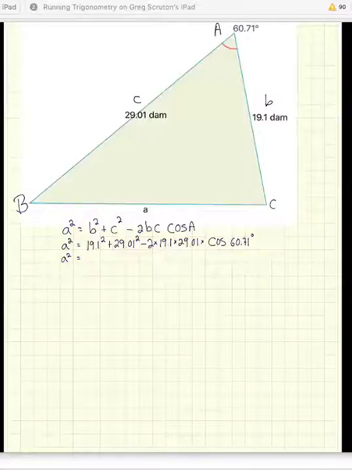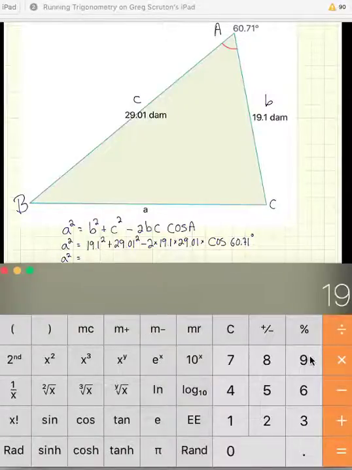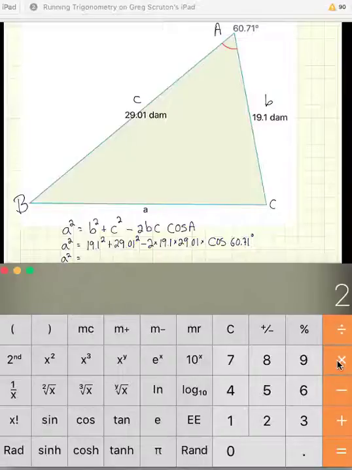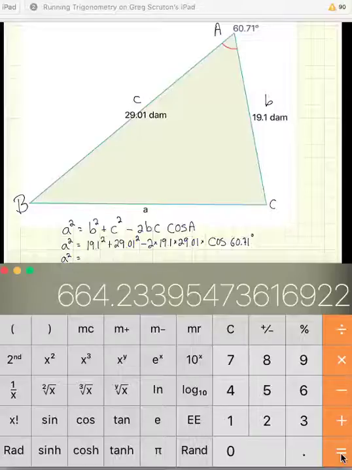So our A squared is going to be equal to 19.1 squared plus 29.01 squared, take away 2 times 19.1 times 29.01 times the cosine of A. I have to put the angle in first, 60.71, and then cos. That is equal to 664.